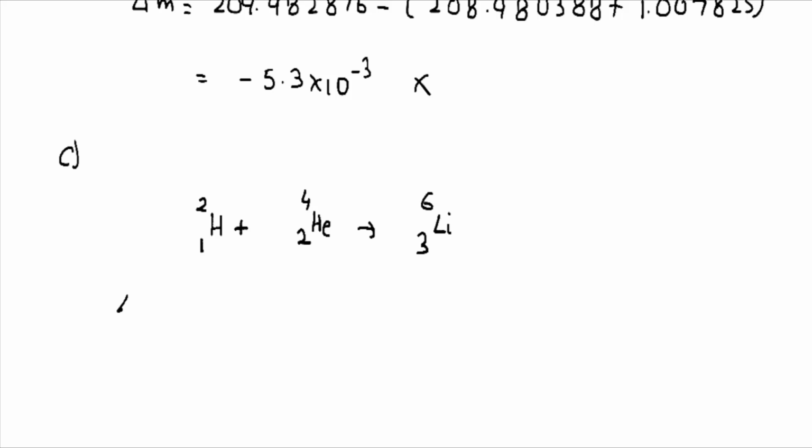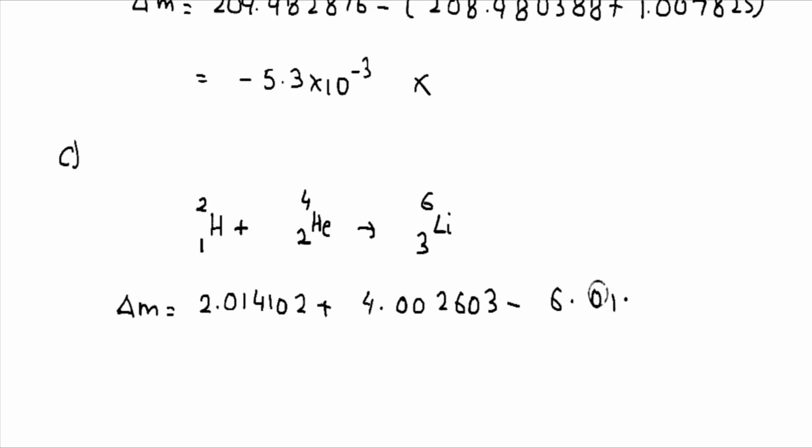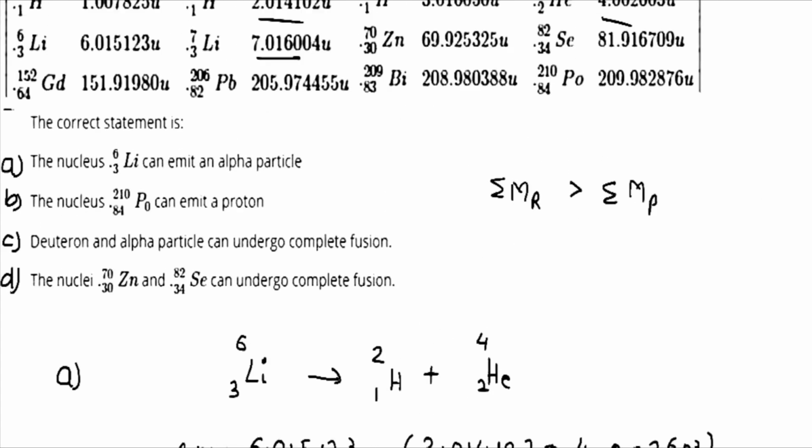If we take delta M, the reactant minus the product masses, it would be 2.014102 plus the mass of the alpha or helium, 4.002603, minus the mass of the lithium, 6.015123. Now if we calculate this, it would turn out to be 1.58 into 10 raised to the power minus 3. So this is coming out to be positive. That means C is possible. So our option would be option C.